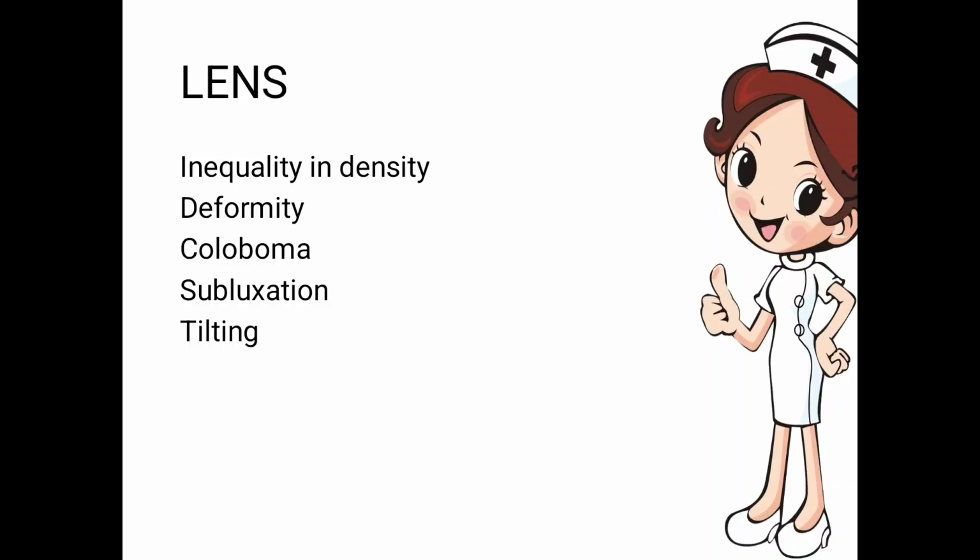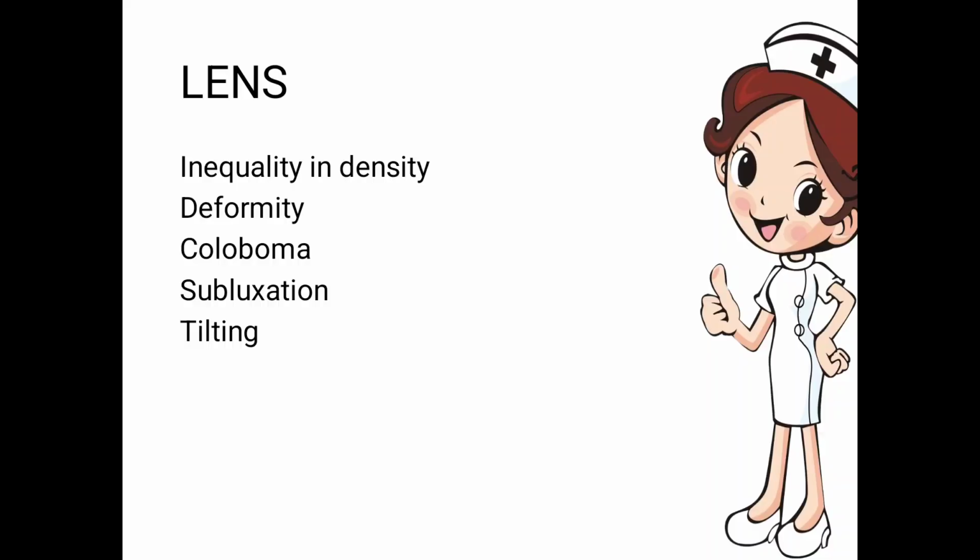Cortical cataract occurs in the cortical area and nuclear sclerosis occurs at the nuclear area. PSC occurs in the posterior part, and anterior cataract occurs in the anterior part. So the part of the lens gets disturbed, and there is an inequality in the density.